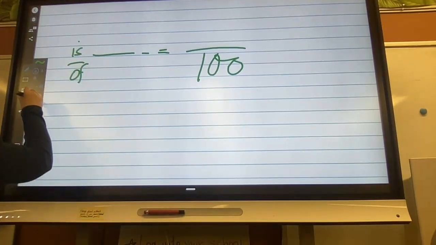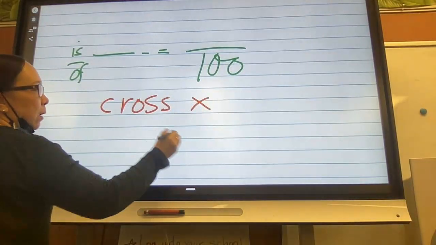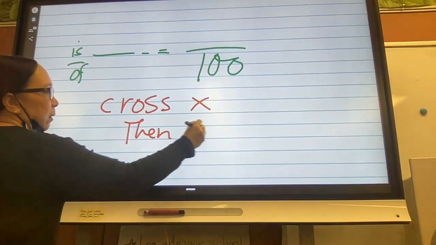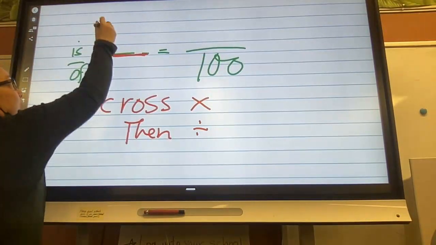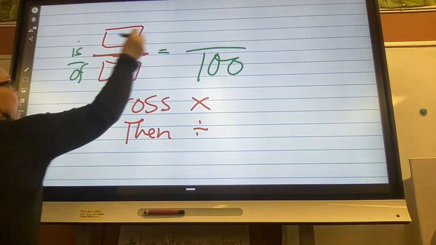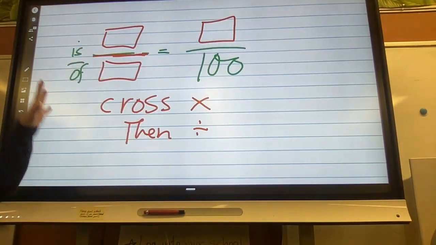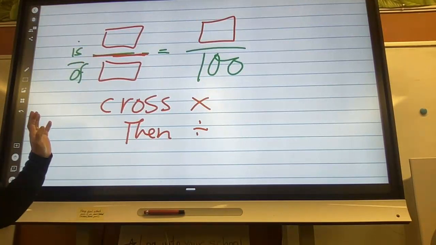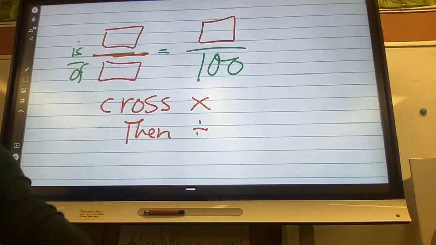Your steps will be: cross multiply, then divide. So you need to fill in the information over here, then cross multiply, then divide, then you get a final answer. If the question is what percent, you need to end up with your answer as a percent. So again, get your worksheet and let's do the work.